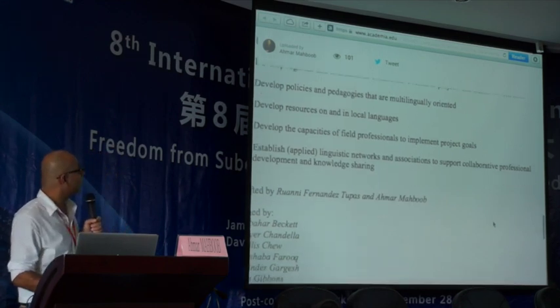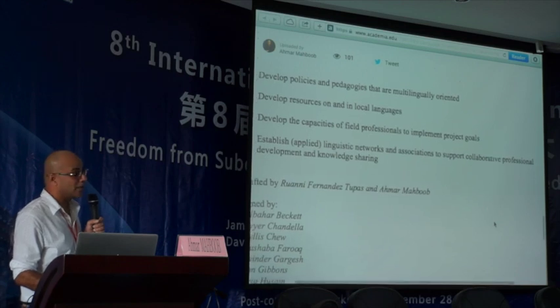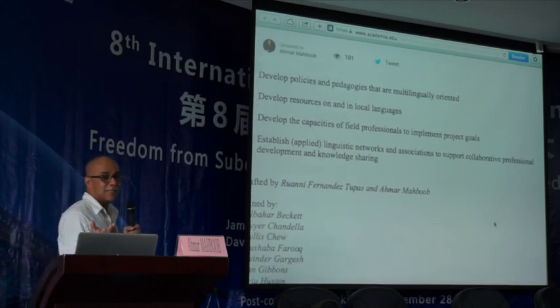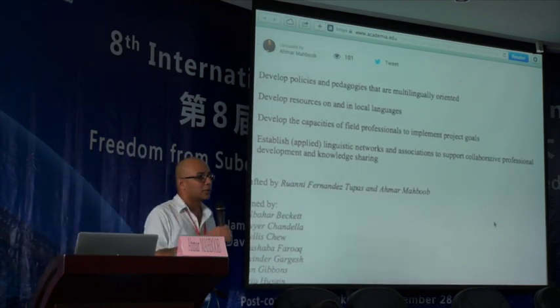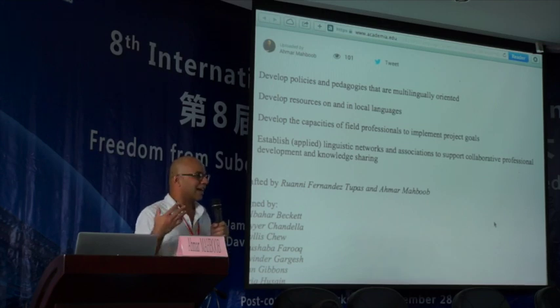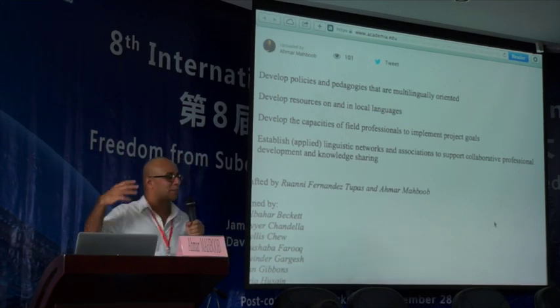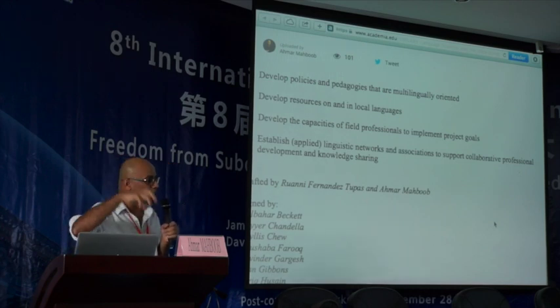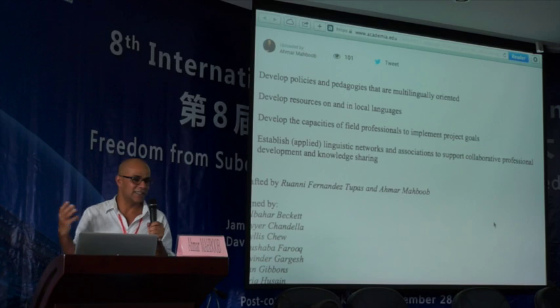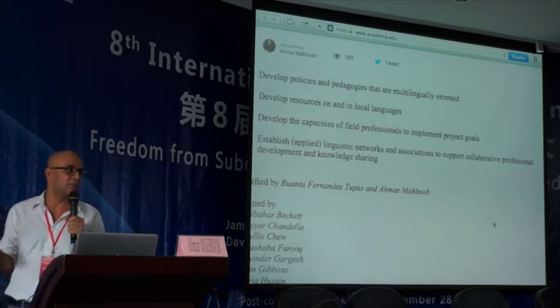Develop policies and pedagogies that are multilingually oriented. Jim's example today was, of course, looking at the Australian context. In Australia, the idea is that you have a monolingual, even though it's not monolingual, education focused on English and through English, because English is seen as the dominant language of the country.